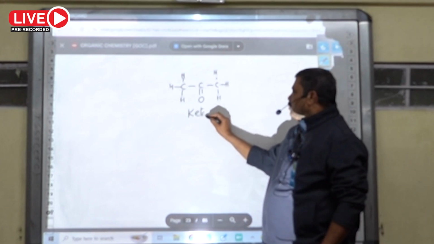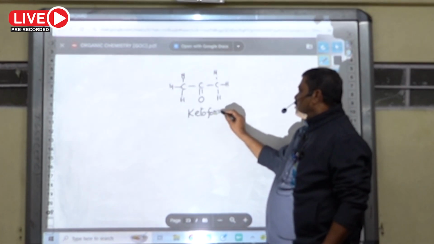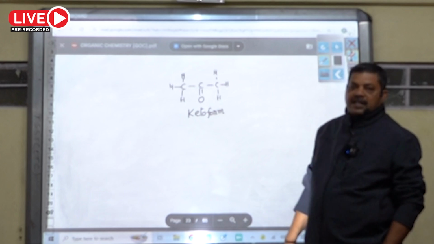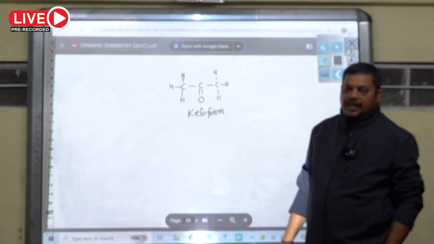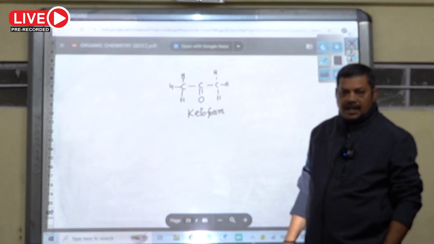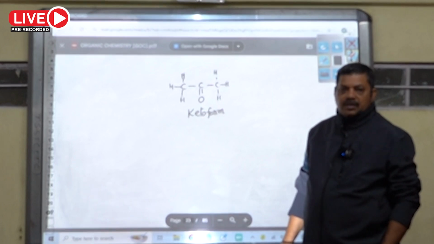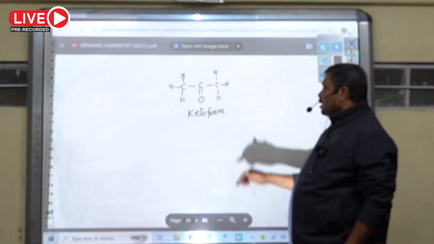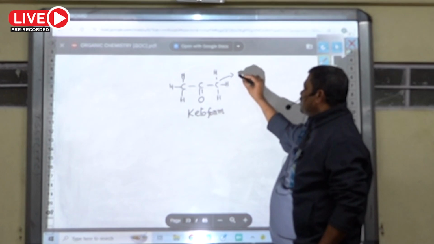It is a keto form. What is the necessary condition when a keto form wants to convert into enol form? It should have alpha hydrogens linked to saturated carbon, that is sp3 carbons.